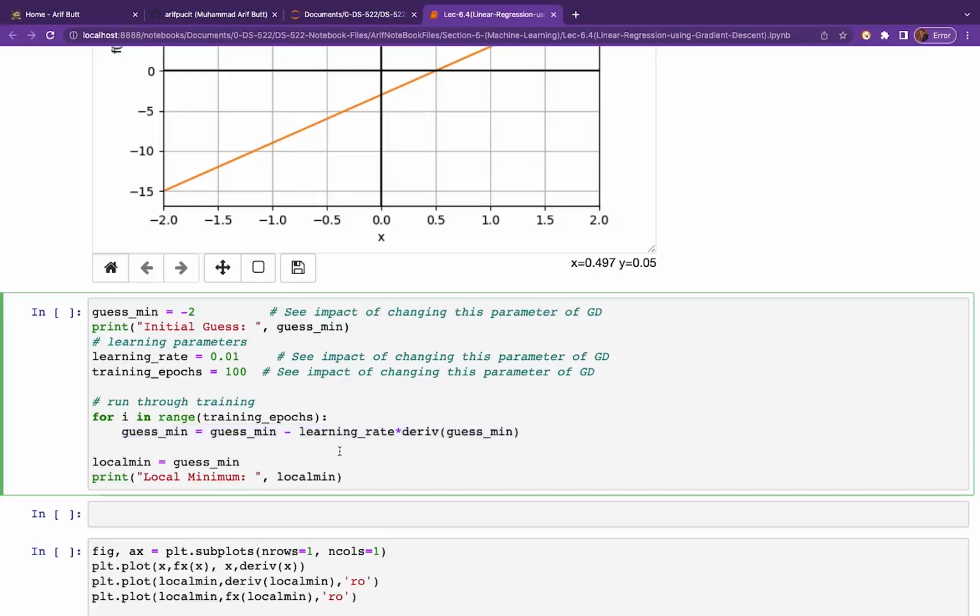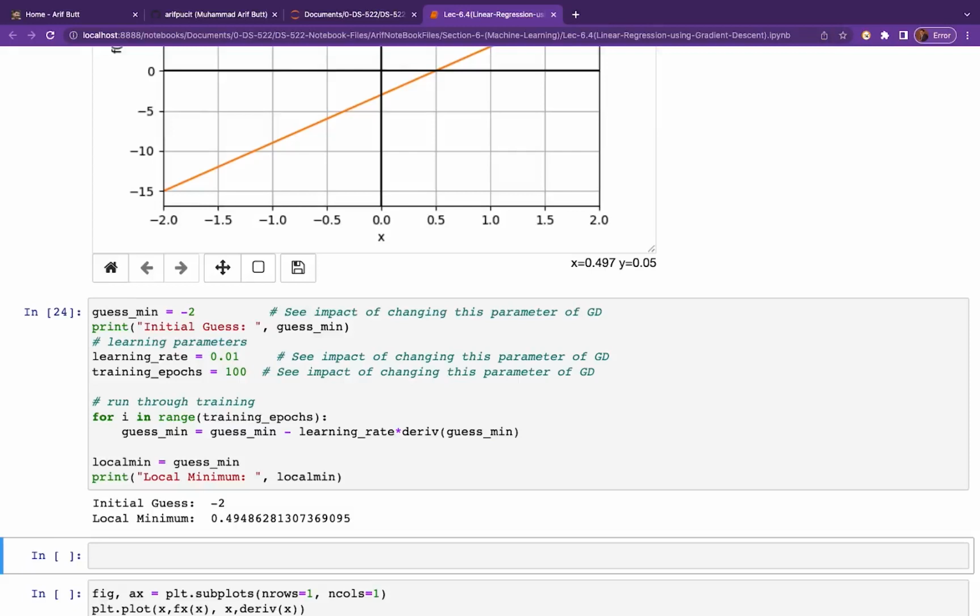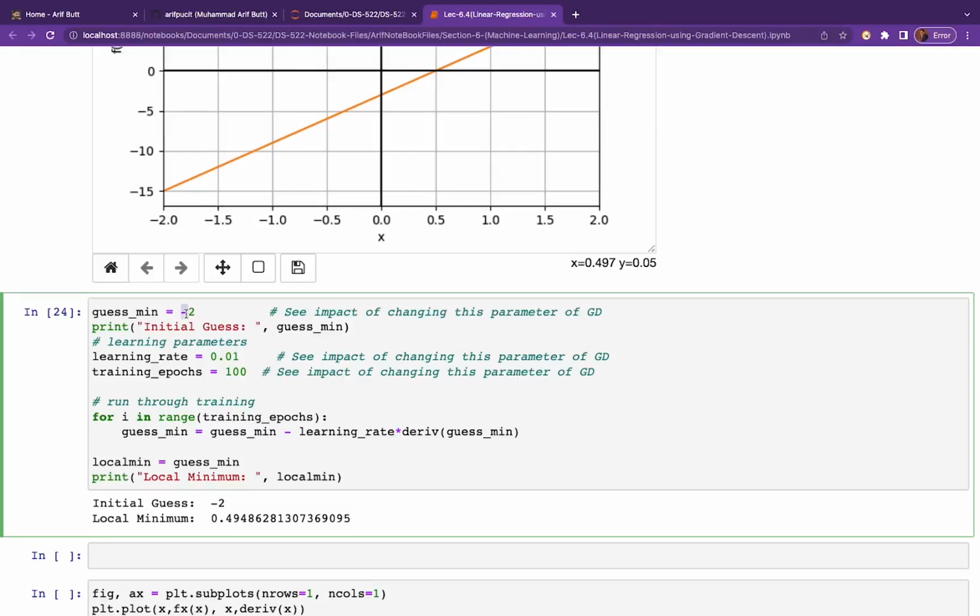Hope this makes sense. Let me execute it. Great. Note that we started with the initial value of -2 and a learning rate of 0.01, and with 100 training epochs we reached a result of 0.49.